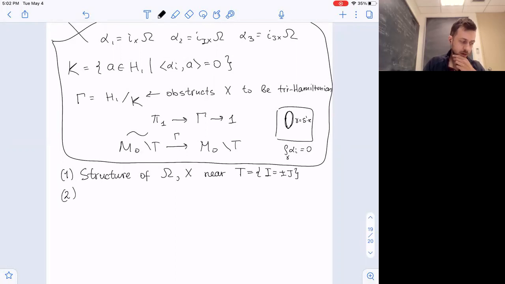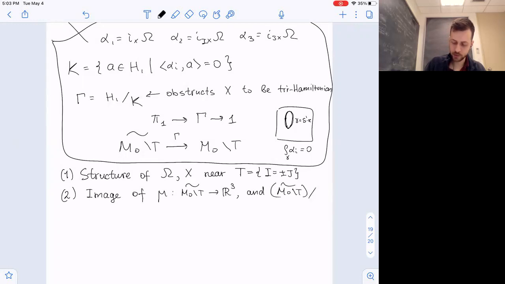Second part, we really want to understand the image of the moment map, from M0 minus tau to R3, and also its relation to the quotient space.